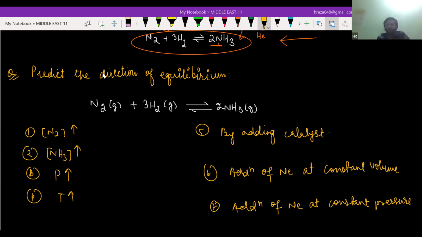Can you solve it? Yes, sir. It is an exothermic reaction, delta H is negative.